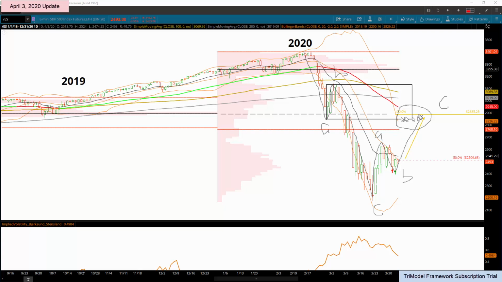And sure enough, this area right here is inside our B wave span.